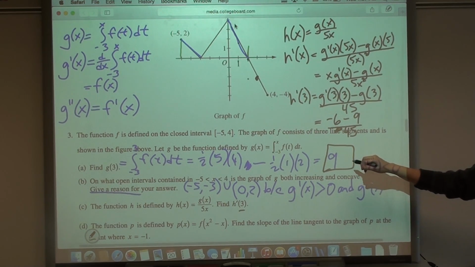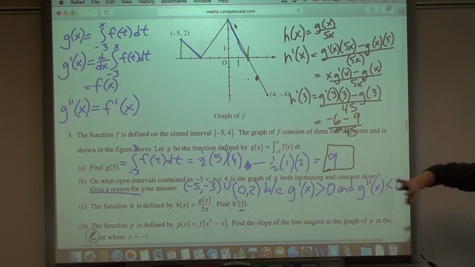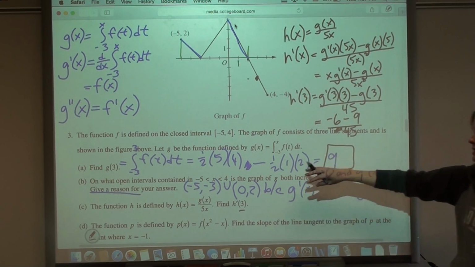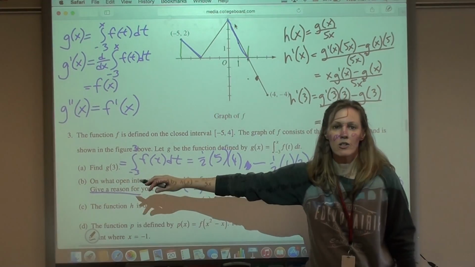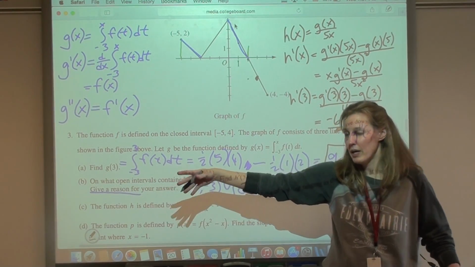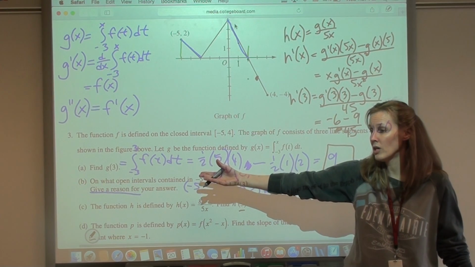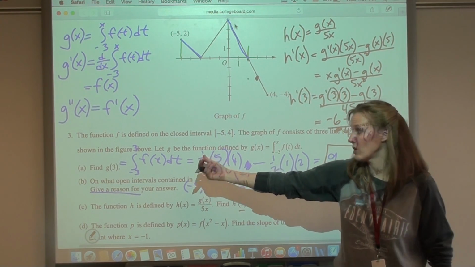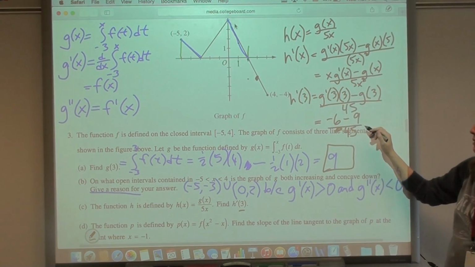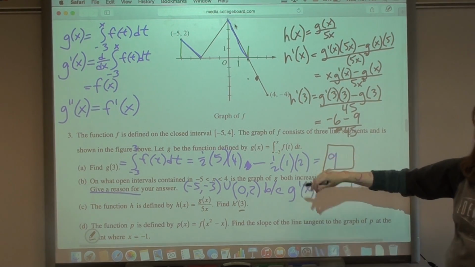If you have no idea what g of 3 is, pick a number in the world and write an answer so that you can use it here.